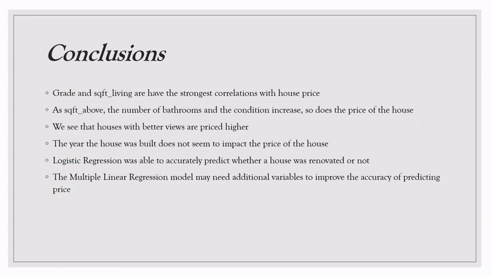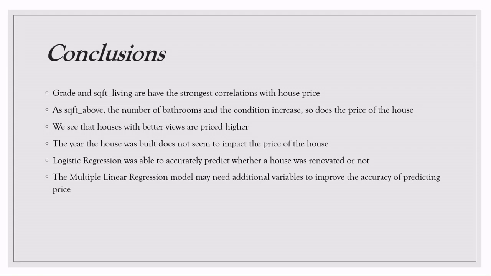So what can we conclude from our analysis? Well, the construction quality of the house and the square footage of living space are the variables most highly correlated with housing prices. Along those same lines, as the condition of a house improves and as we increase the number of bathrooms, we typically see an increase in housing prices, which should make sense, right?